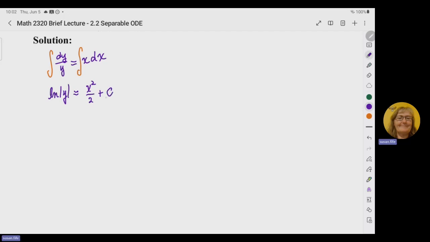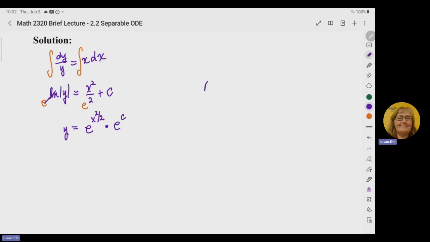So if at all possible, we want to solve for y. To solve for y, we can apply the exponential to both sides of the equation. And then the e and the natural log will cancel to give me y. On the right side, I'm going to write this as e to the x squared over 2 times e to the c.